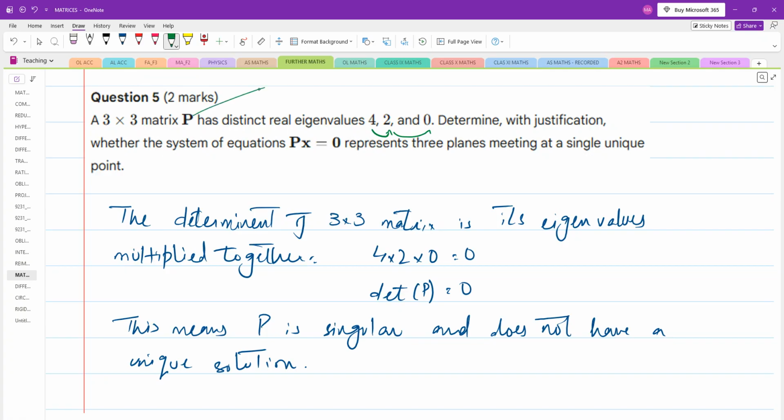So if P's eigenvalues are 4, 2, and 0, and we multiply them together, it will give us the determinant of P. That is exactly what I did. I multiplied these numbers 4, 2, and 0 and got 0. So this 0 is basically the determinant of P, and since P's determinant is 0, it means that P is singular and does not have a unique solution.